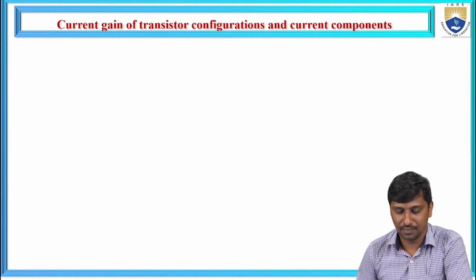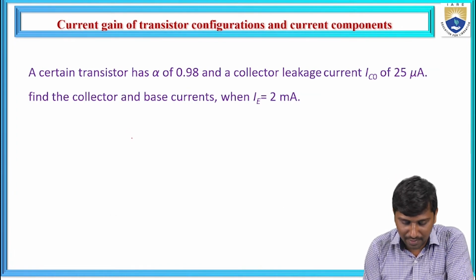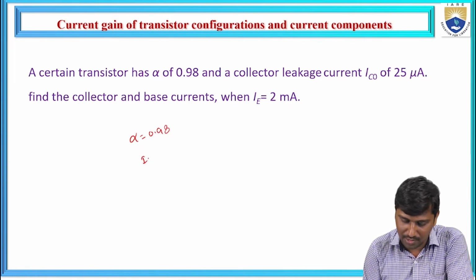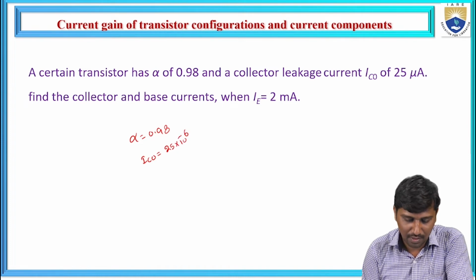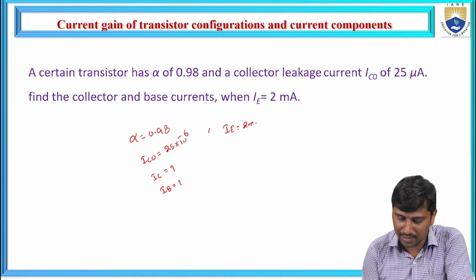So for this case, they have given that alpha is 0.98 and the reverse saturation current is 25 microamperes. Now we need to find IC and IB, and for this case the emitter current is 2 milliamperes.